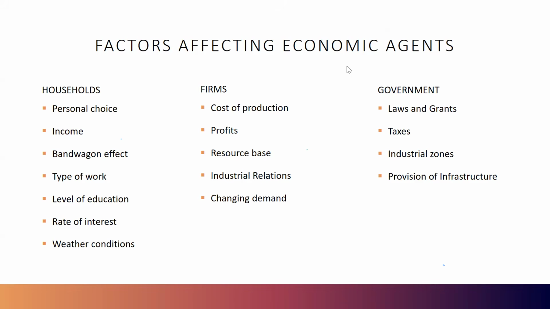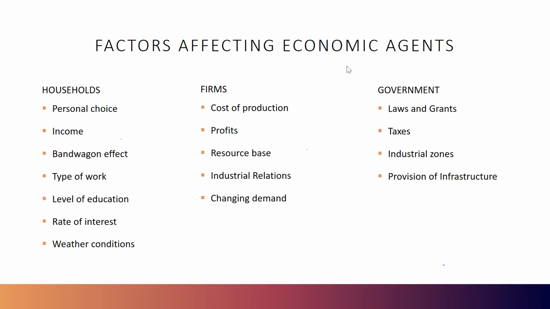How do firms make decisions? Firms are watching their money. So they will look at how much it costs to produce goods. If the cost increases, I'm going to produce less. If the cost decreases, I'm going to produce more. They will look at how much profit they're making. This good is making more profit, we're producing more of this good. This good is making less profit, we're producing less of that good.